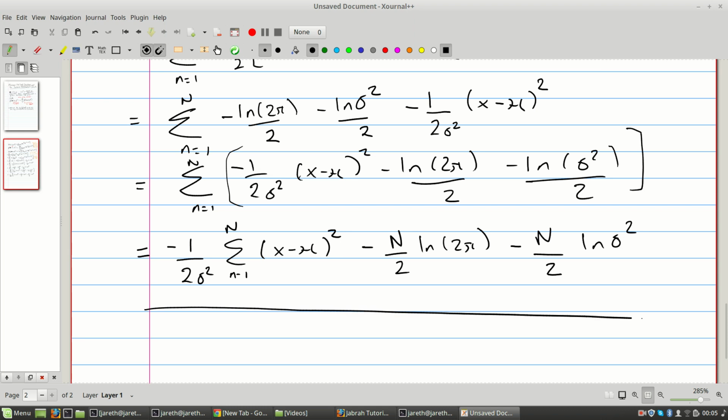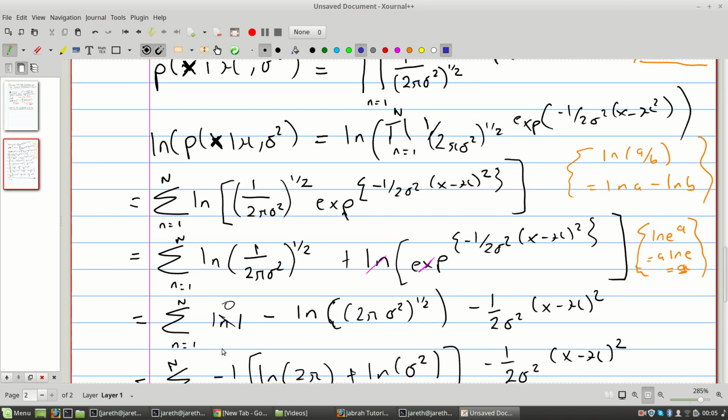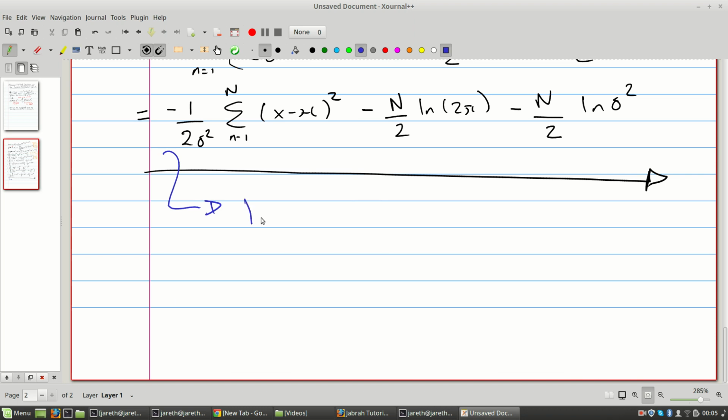So this is the result that we want. This should be giving us what we were trying to find in the beginning, if you remember, which is the log of this probability distribution of x parameterized by mu comma sigma squared.